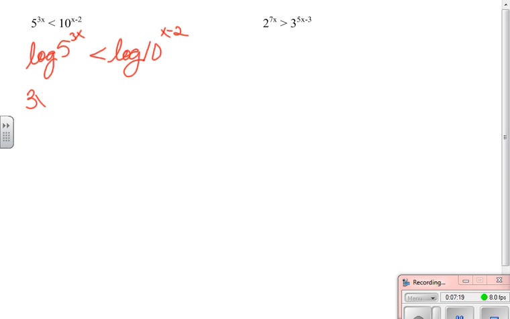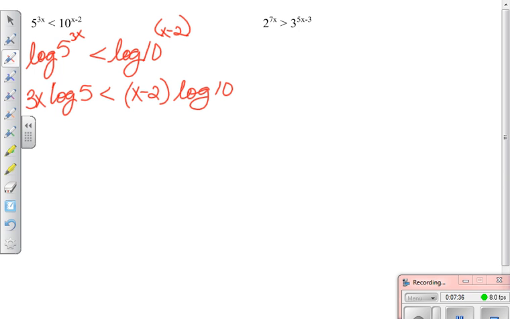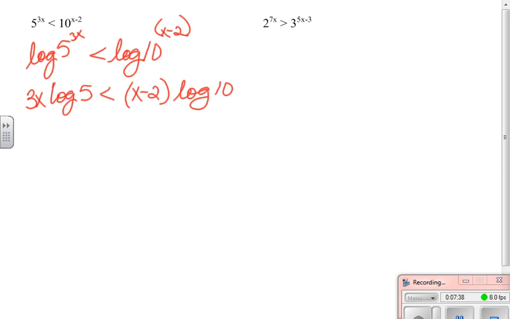So I have 3x log base 5 is less than, keep your parentheses, this is a single number, log of 10. Now, we have some actual numbers going on here. So we can go ahead and evaluate this number and this number.